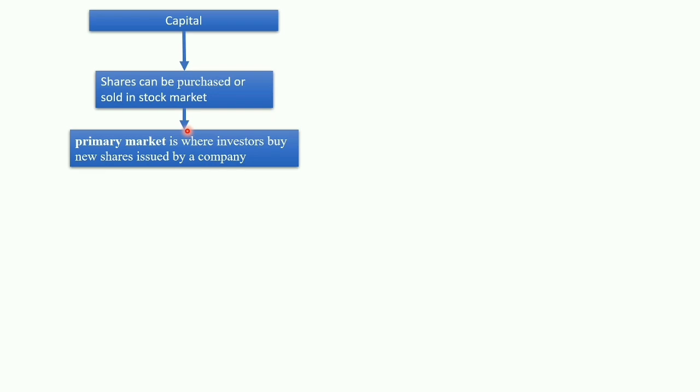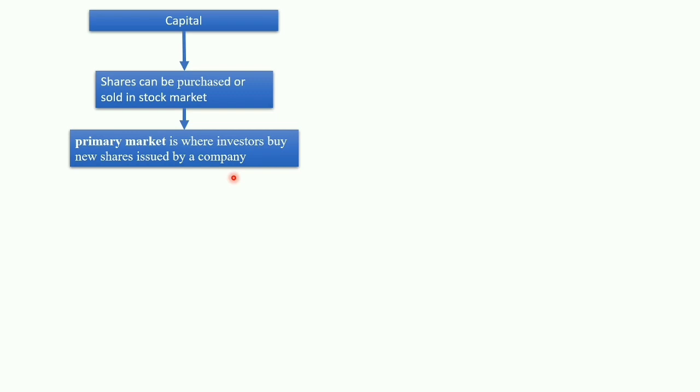Now, there's a special technical term you can see here, primary market. Primary market is where the investor buys new shares issued by a company. Now in our case, what is the company? The company is the CHAS company. Now he has put his shares into the stock market.